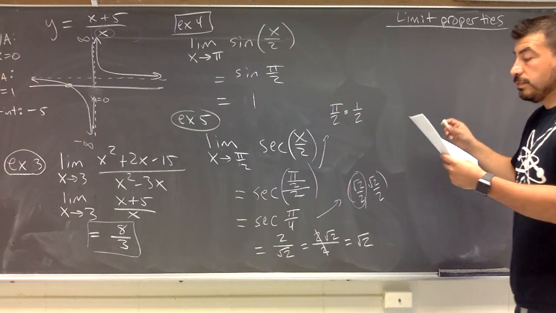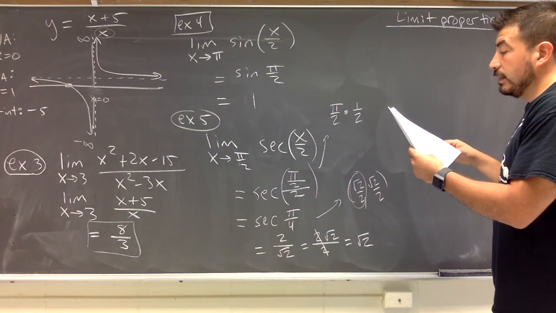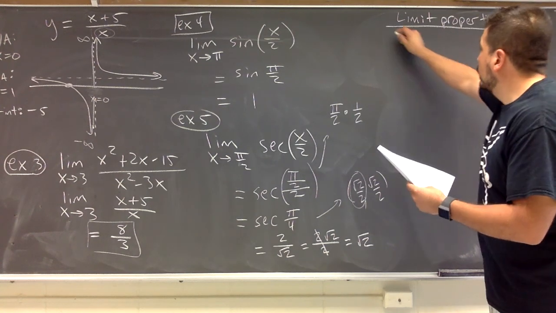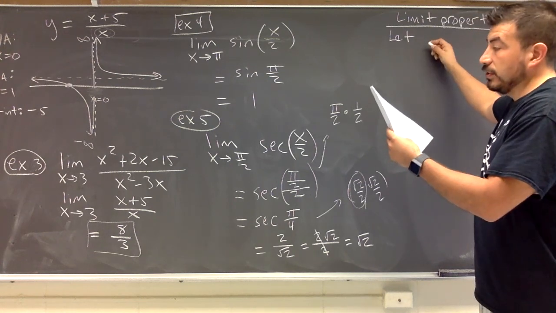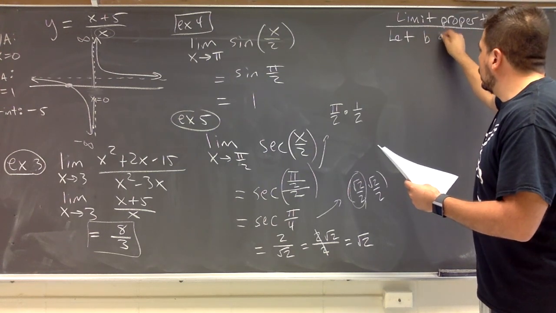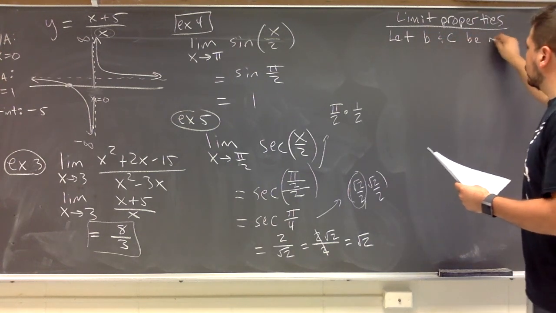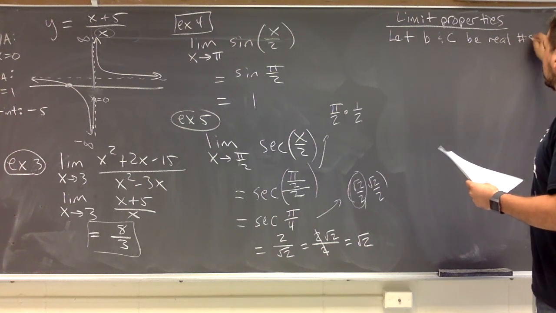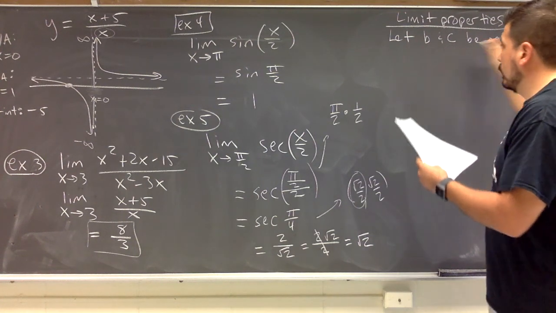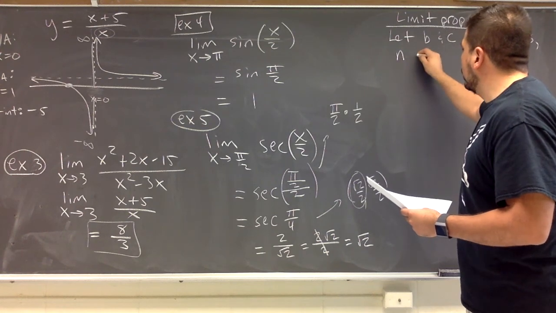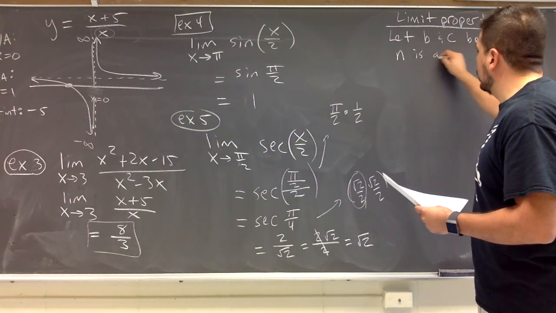So assume, okay, let's go ahead and just write out the whole thing. So let B and C be real numbers. N is a positive integer.